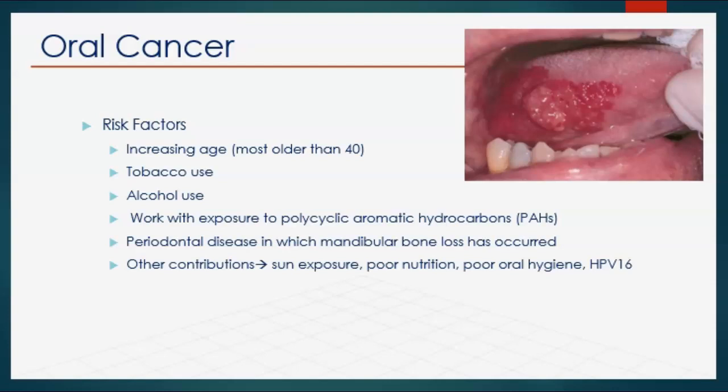Other contributors are sun exposure, poor nutrition, poor oral hygiene, and human papillomavirus. Do you know what else? Human papillomavirus 16, do you know what else that predisposes us to? If you don't, that's one of the things that predisposes women to cervical cancer.